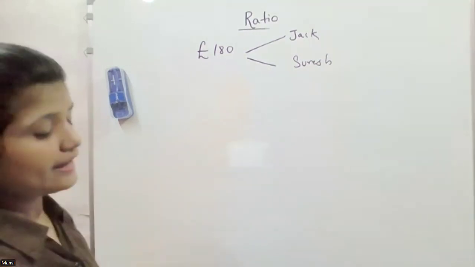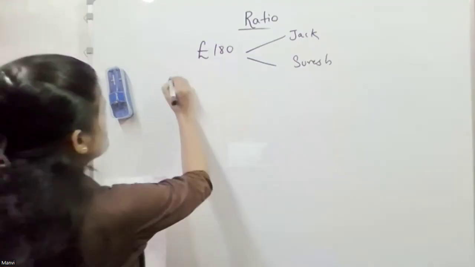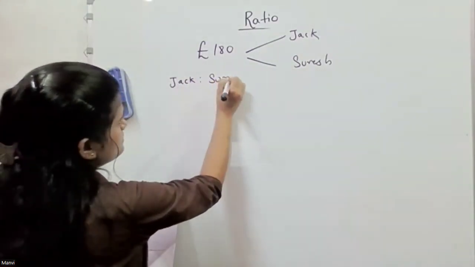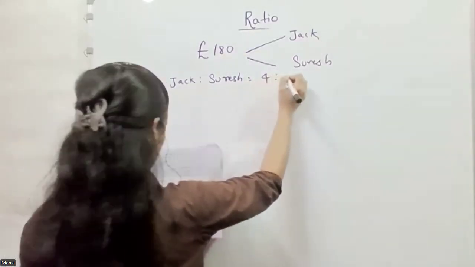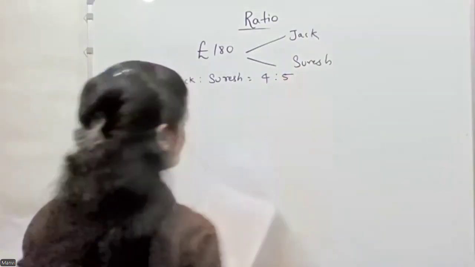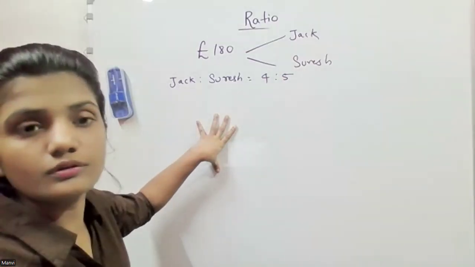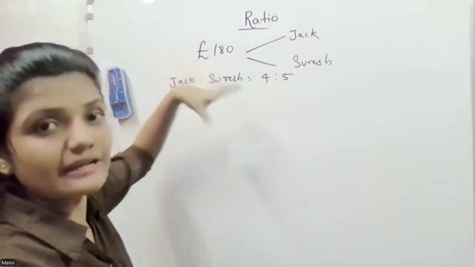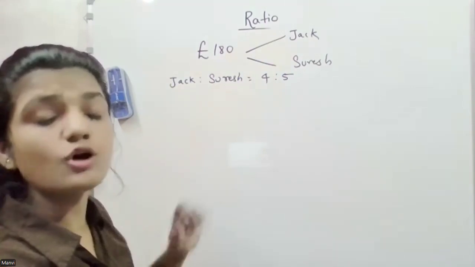The ratio of Jack to Suresh will be 4 ratio 5. Now you have to tell me how much money Jack will get and how much money Suresh will get. So how do we do this?